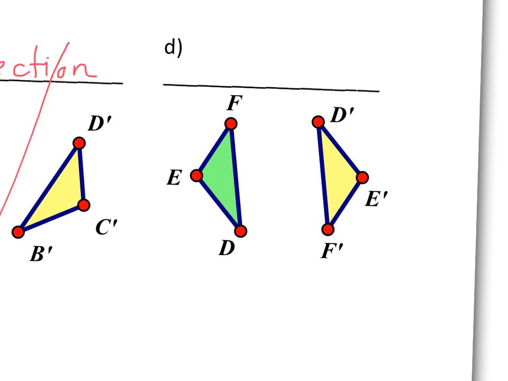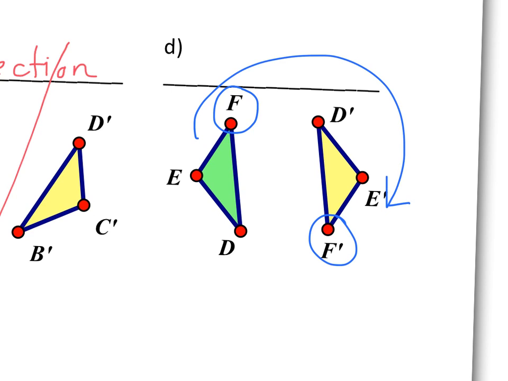And while at first glance this might look like a reflection as well, if you notice the points do not correspond like a reflection would. The first F here, the pre-image F, is toward the top, and the image of F is at the bottom, F prime. So something else happened here. It looks like what we have is a rotation, although it did look like a reflection at first glance, especially after looking at the last problem.